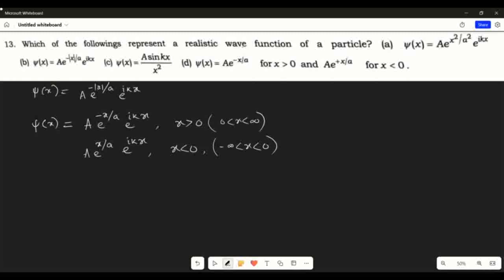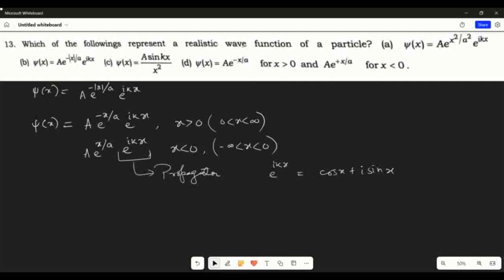So we have to check all the conditions: continuity, whether it is finite or not, and whether it is square integrable or not. This part, e to the power ikx, is called the propagator part of the wave function, and we can also write e to the power ikx as cos x plus i sin x.